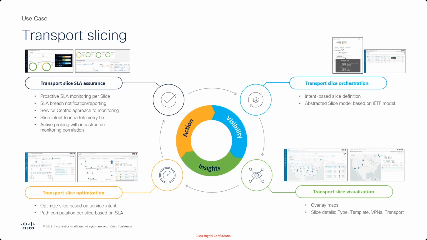And one of the tools through which we can achieve that is slicing. Why slicing? Because if you integrate different services, like consumer services, business services, 5G services, gaming, for instance, all of them have different characteristics.